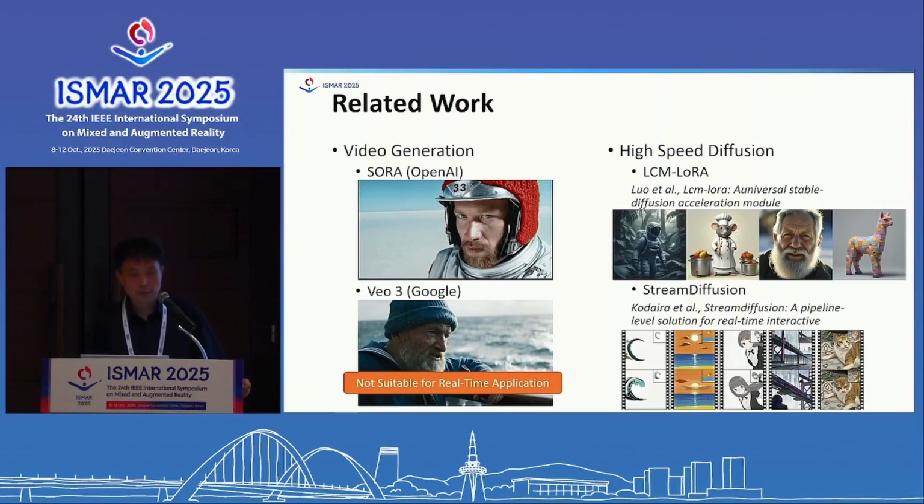LCM-LoRA achieved good results with fewer sampling steps. StreamDiffusion implements a streaming architecture for fast generation. While this approach shows significant speed improvement, it suffers from not only quality degradation, but also temporal inconsistency. Also, they are still too slow for immersive, high-resolution VR applications.